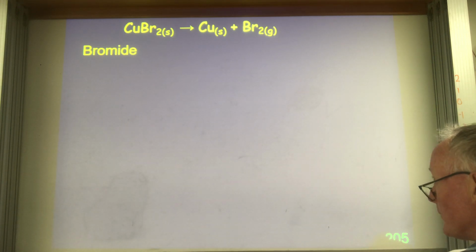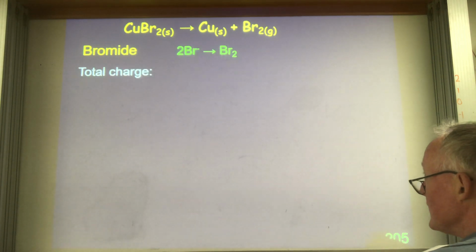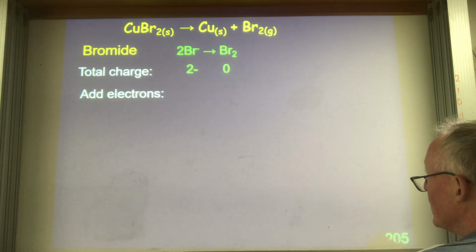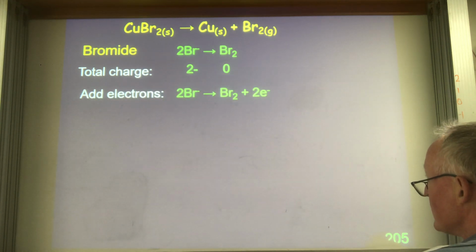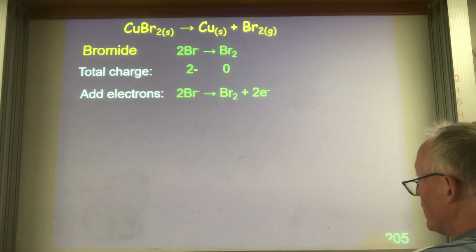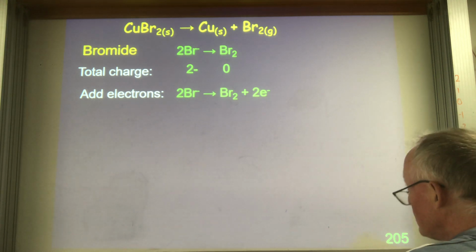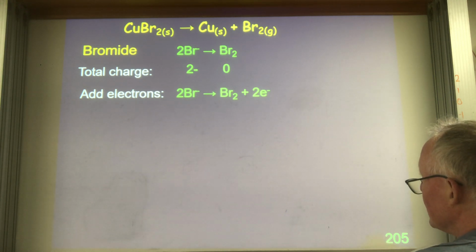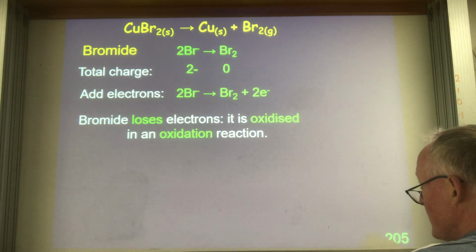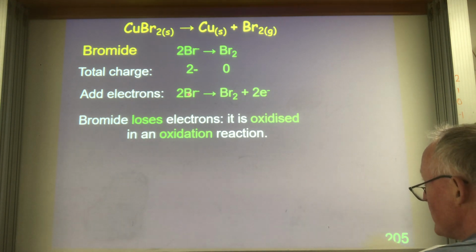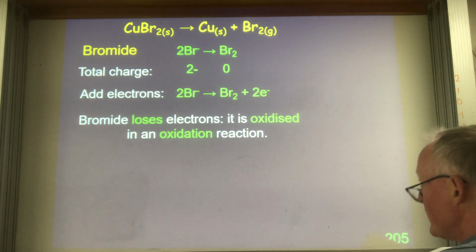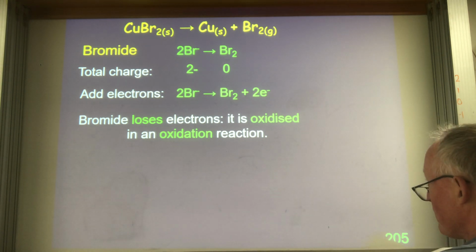And everything can be flipped for bromide. Bromide is being oxidised to form molecular bromine. So it's being oxidised in an oxidation reaction. What's the bromide doing with those electrons? Well, the bromide is forcing those electrons onto the copper.